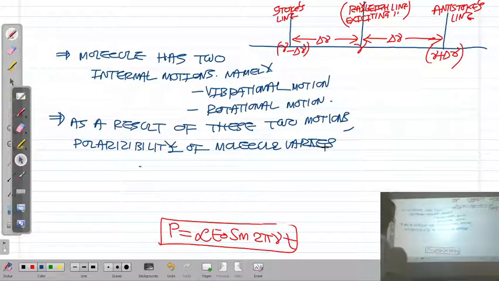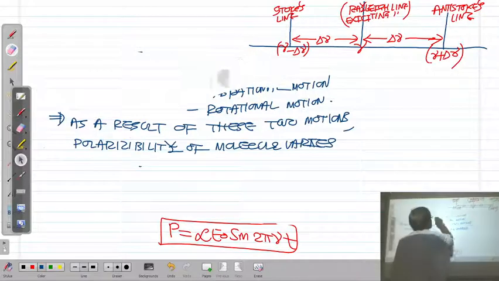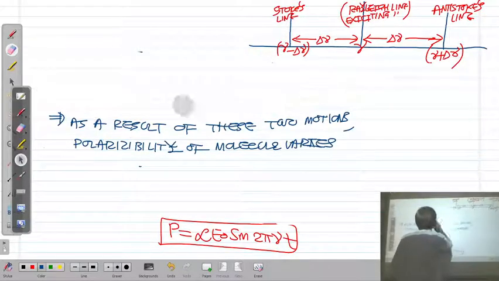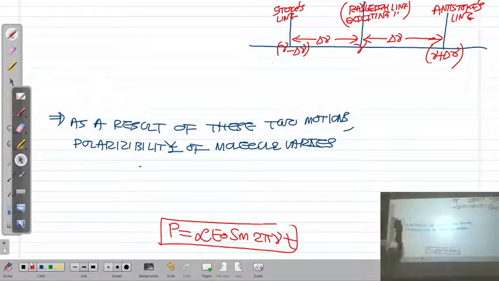In the first case, we will study the variation in the polarization due to vibrational motion.